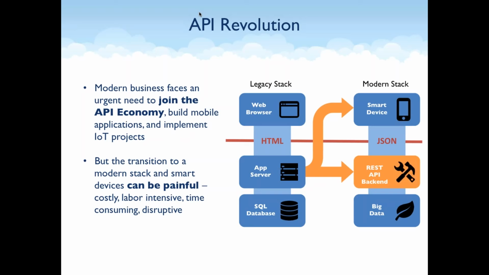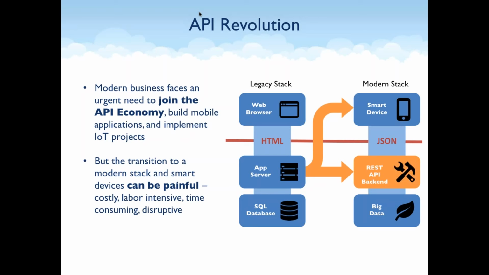So modern companies face this urgent need to API enable their business and to build all sorts of different types of applications. It's no longer just a web-centric world anymore. The problem, however, is the transition to this new type of stack, which consists of all sorts of smart devices on the front end, REST and JSON being delivered to those clients, and all sorts of different connections to data sources.